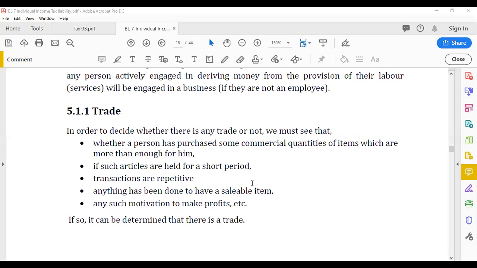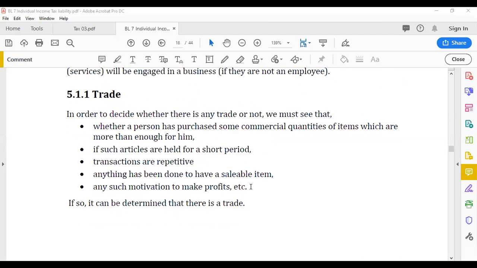The trade. In order to decide whether there is any trade or not, we must see whether a person has purchased commercial quantities of items which are more than enough for him, right? Normally we know the limit for our personal use. Say you are using soap for bathing, normally you can consume one soap for a week, for a month four soaps for a person.